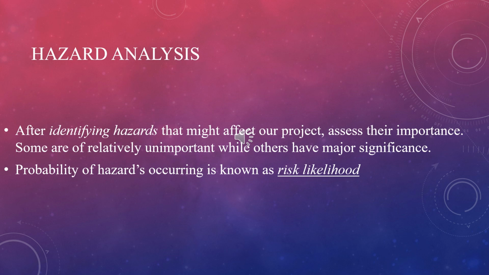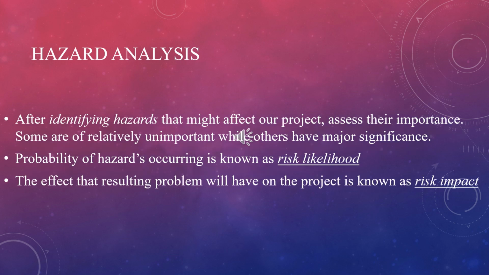The probability of a hazard occurring is known as the risk probability or risk likelihood. Risk likelihood is the probability of the hazard occurring in a project. The effect that the resulting problem will have on the project, if it occurs, is known as the risk impact.